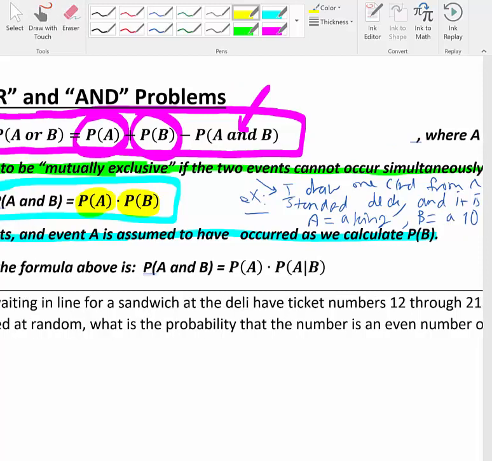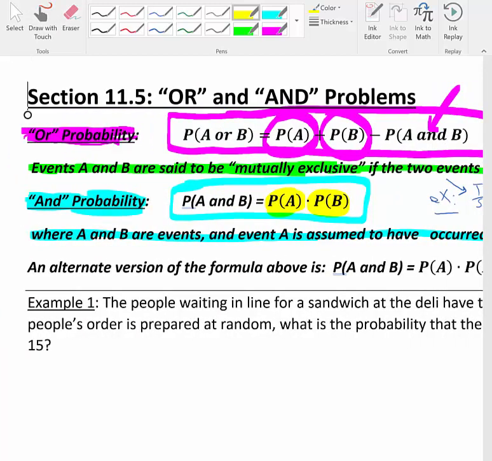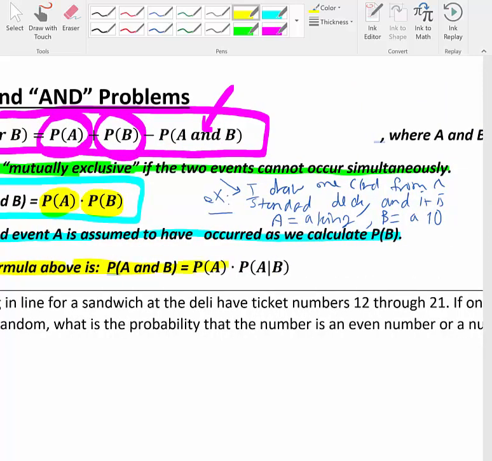An alternate version of this formula, which is actually more useful as long as you remember what it means, is that the probability of A and B is the probability of A times the probability of B given that A occurred.